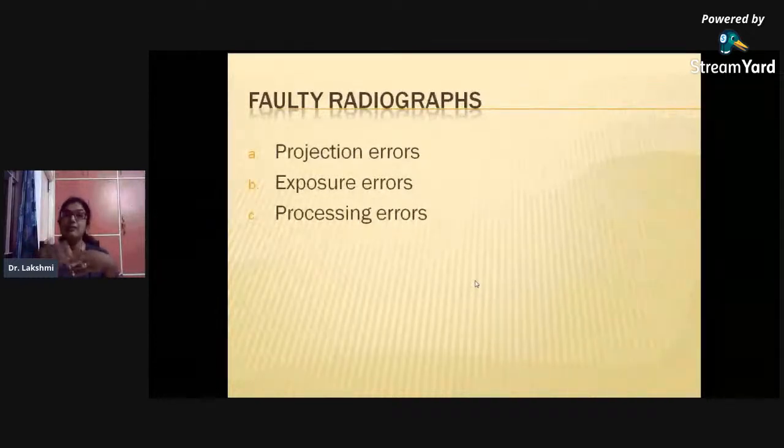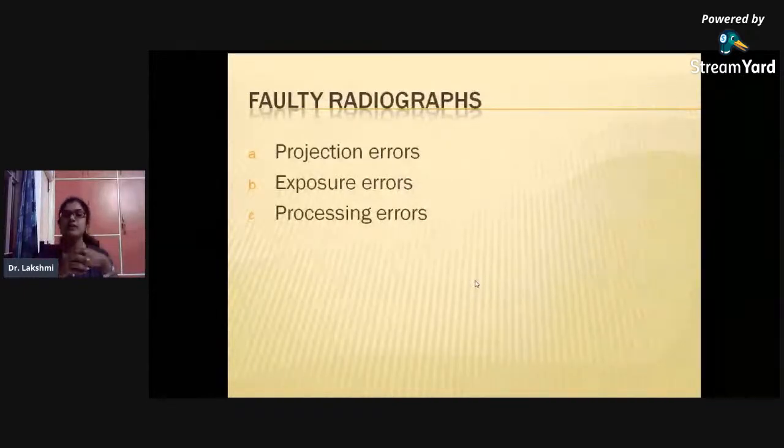The possible errors and the faults in the radiograph can be divided briefly into three types. One is projection errors, another one exposure errors, and third one processing errors. So this goes stepwise, right? So first you project, then you expose, and then you process. So at all three stages, faulty radiographs are possible.